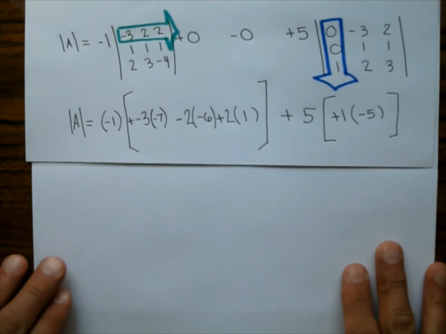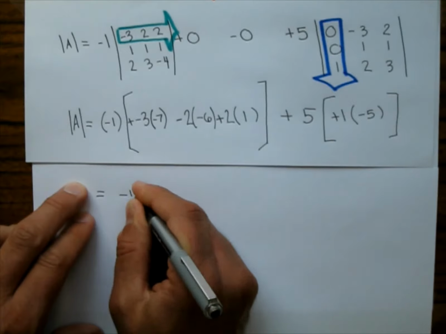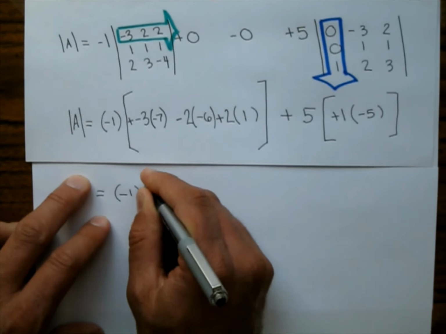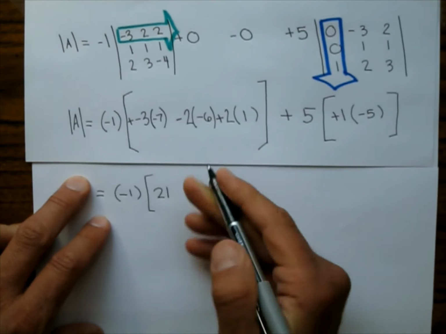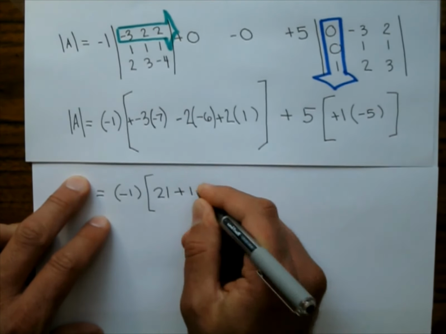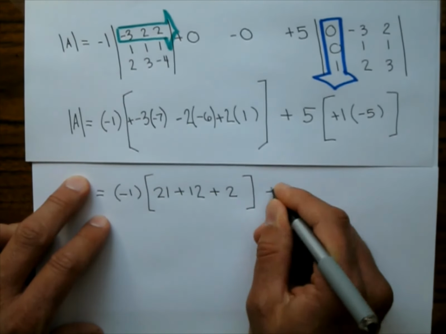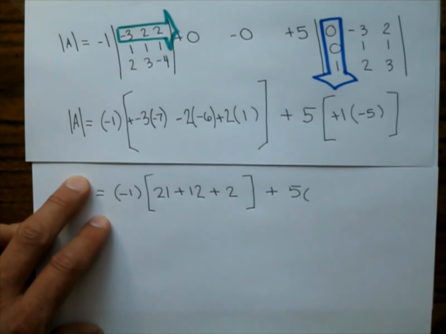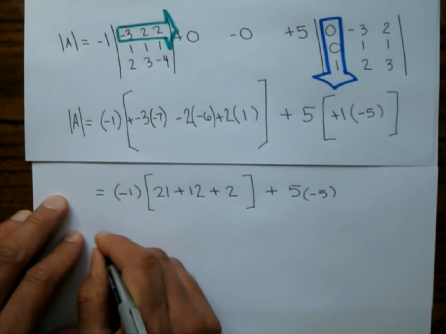So now, what do we have? We have negative 1. This is just doing some arithmetic now. So this is 21, that's a negative 3 times a negative 7, plus 12 plus 2. And then this is 5 times a negative 5. So what do we have here?